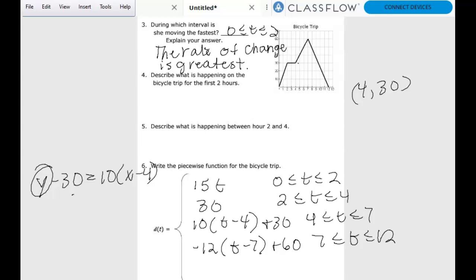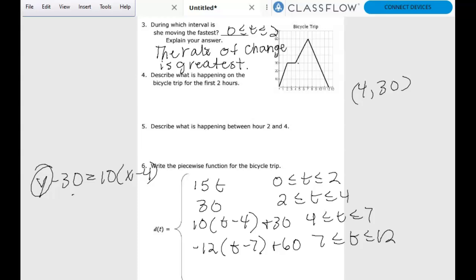What would you say with the negative slope? What is true about the negative slope? The rate of change is what? Negative? What about the distance? What's true in that section? Is distance negative ever?